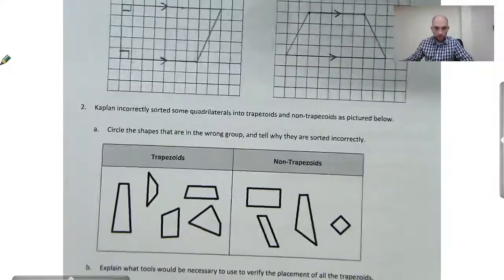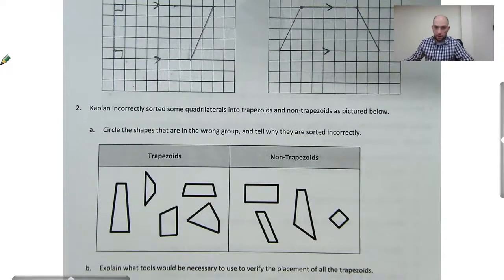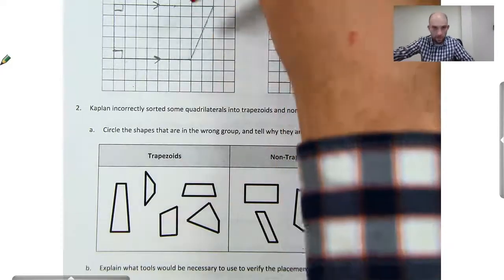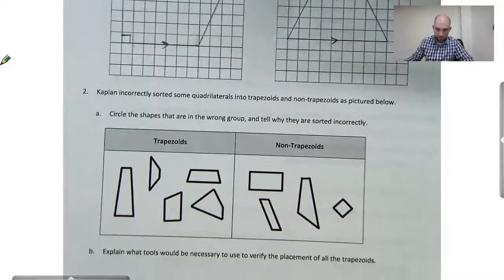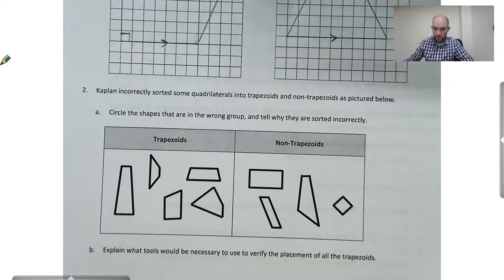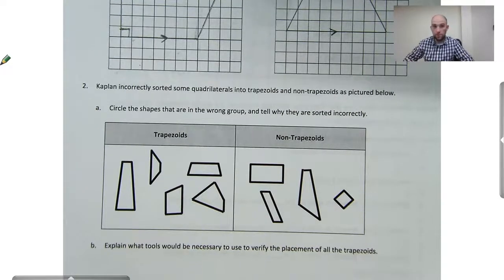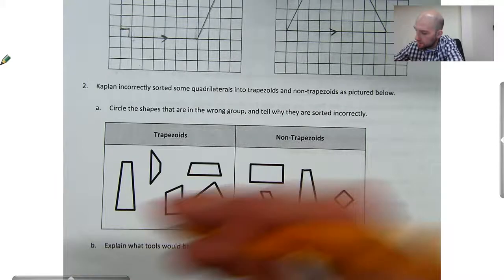Moving on to number 2, it says Kaplan incorrectly sorted some quadrilaterals into trapezoids and non-trapezoids as pictured below. Circle the shapes that are in the wrong group and then tell why they are sorted incorrectly. So let's look at these trapezoids first. We're going to circle the ones that are not trapezoids, so they don't have at least one pair of parallel sides.